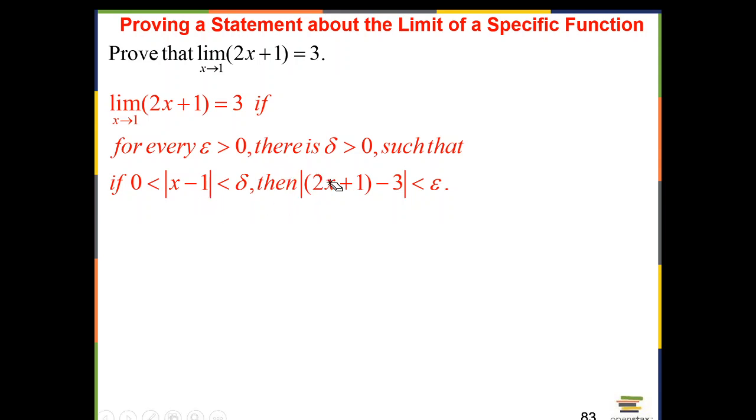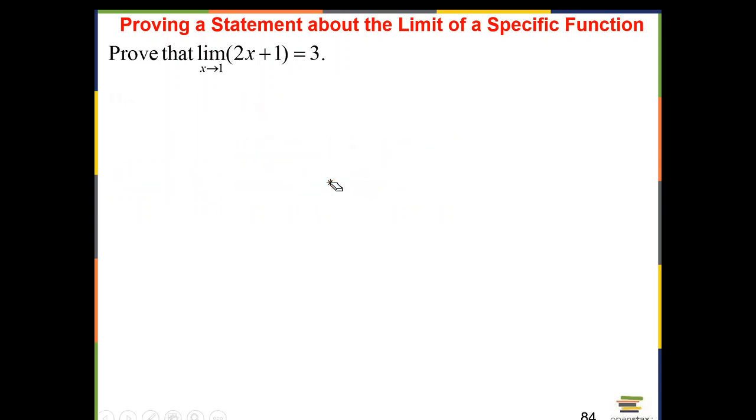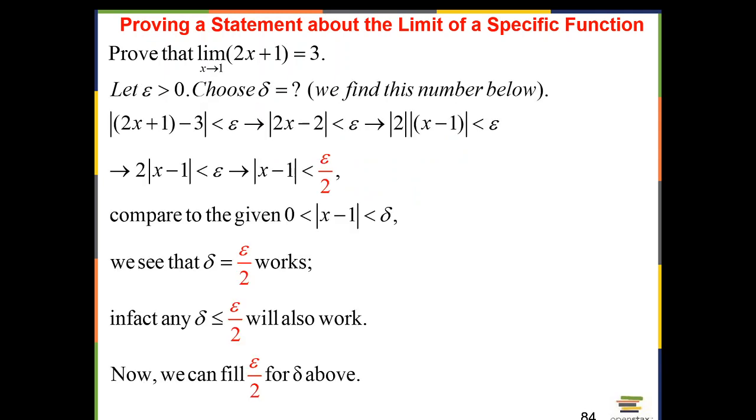So let's do that. First we write, let epsilon be greater than 0, period. Choose delta to be, we don't know yet what it should be, but we're going to put this here. We choose delta to be, we don't know, period.